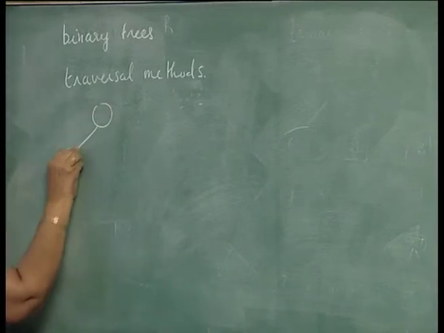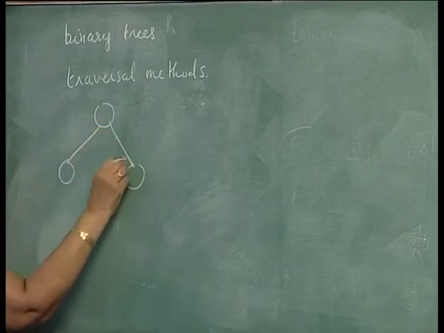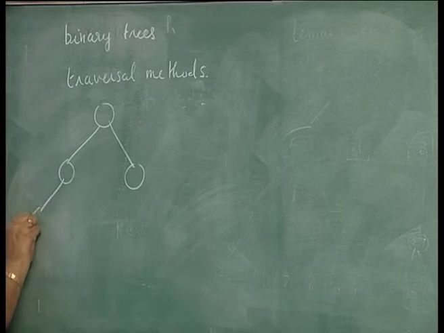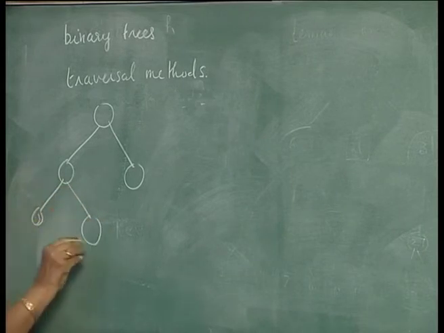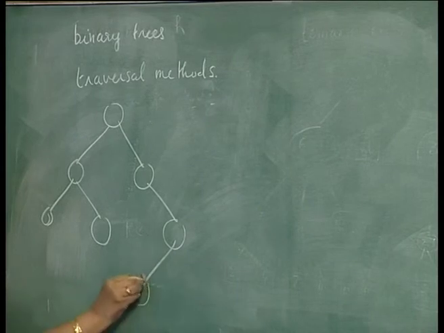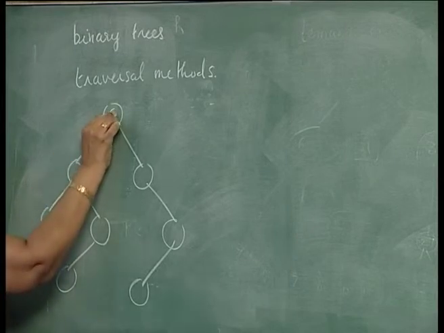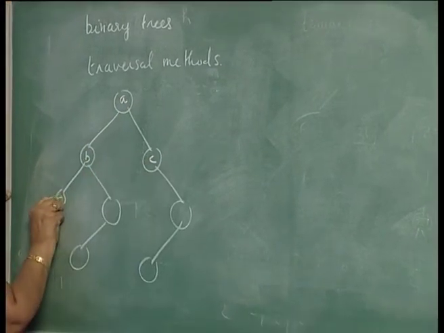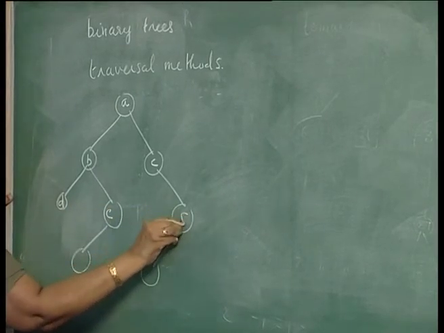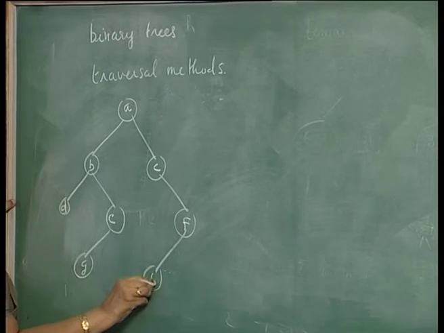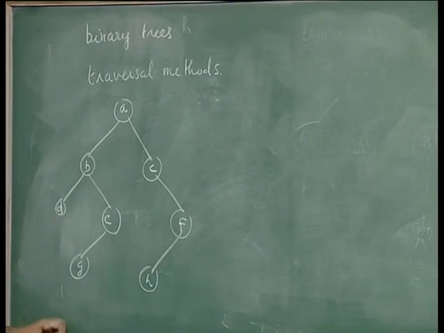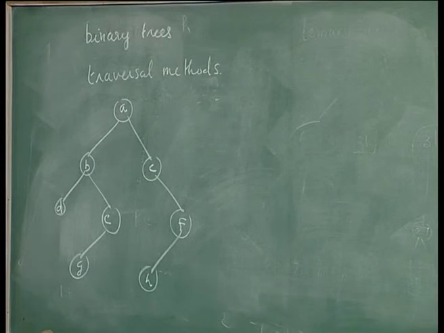Suppose I have a tree like this, where the nodes are denoted as A, B, C, D, E, F, G, H, say. There are 3 methods in which you can traverse the nodes. One is called the pre-order traversal, another is called the in-order traversal, and third is called the post-order traversal.